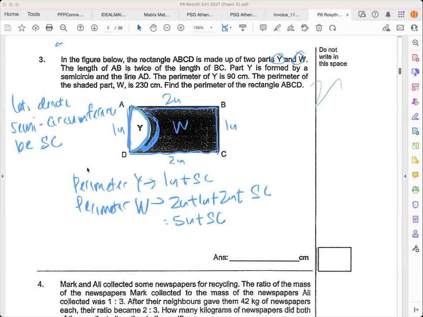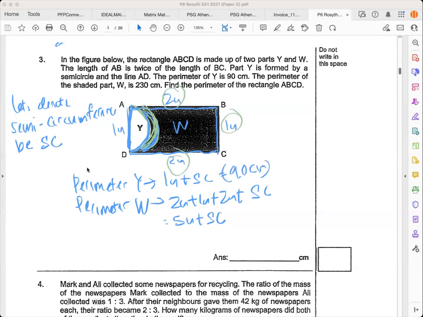Okay, so this is the perimeter of W. Now the question, let me erase some of the information here so that it's easier. Now the question says that the perimeter of Y is 90. So this is 90 centimeter.